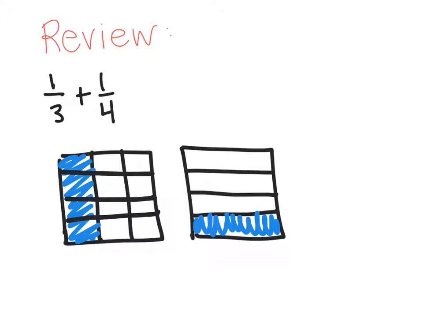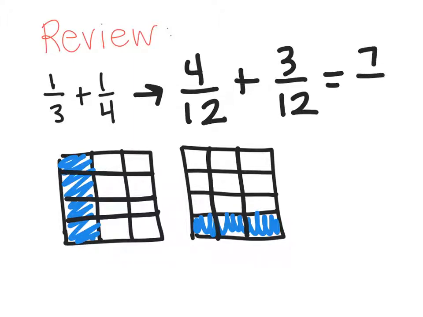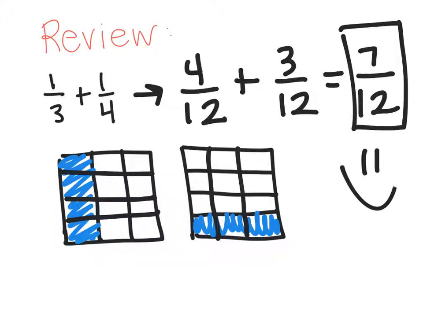And now we have 4 12ths. And then with our 1/4, we're going to multiply that by 3. And now we have 3 12ths that we're going to add. Add them together. 4 plus 3 is 7. And then we've got 12ths.